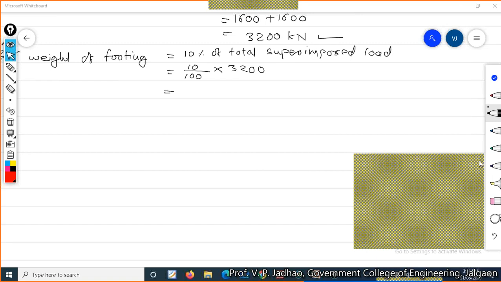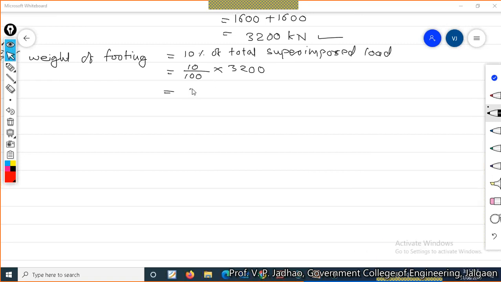So this will be equal to 320 kilonewtons. The self weight of your footing will be equal to 320.